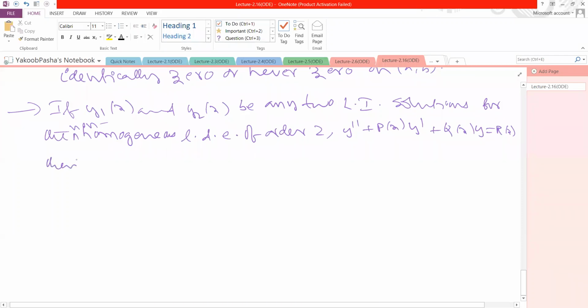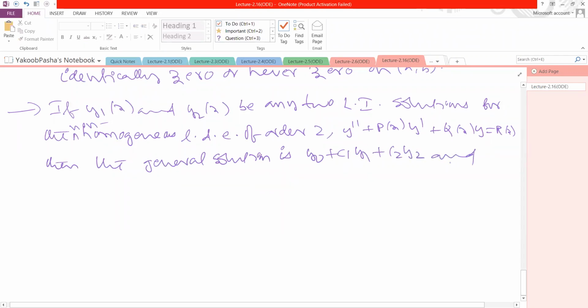Then the general solution is simply I'm writing y0 plus c1 y1 plus c2 y2, and this part c1 y1 plus c2 y2 is the complementary function, as it contains arbitrary constants. And I'm writing y0.